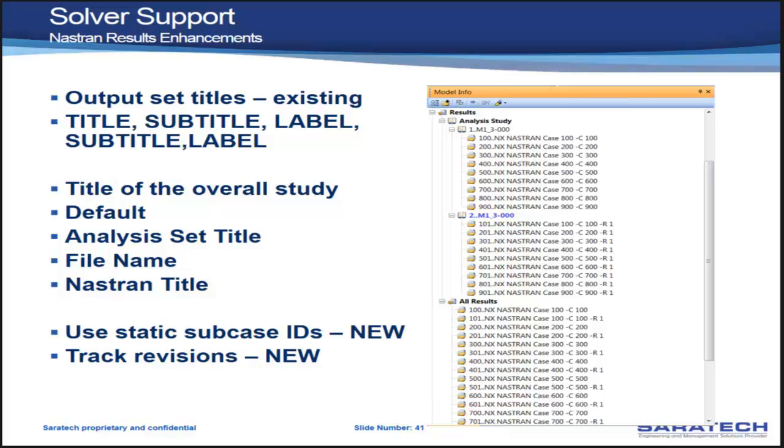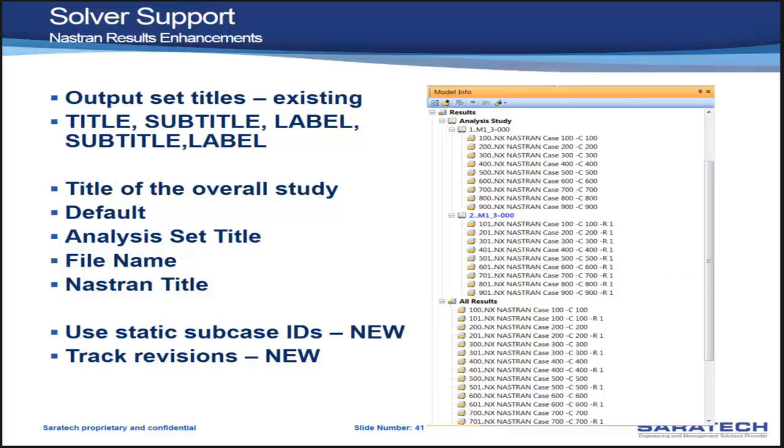When additional output sets are created by importing or attaching to a Nastran output file, a new output set which corresponds to the subcase ID already designated on an existing output set will be marked with a revision number. So for example, output set 1 will be case ID 100 and revision 0, output set 2 would be case ID 200 revision 0, and output set 3 would be case 100 with revision 1. And you can see that you have revisions next to your analysis studies.